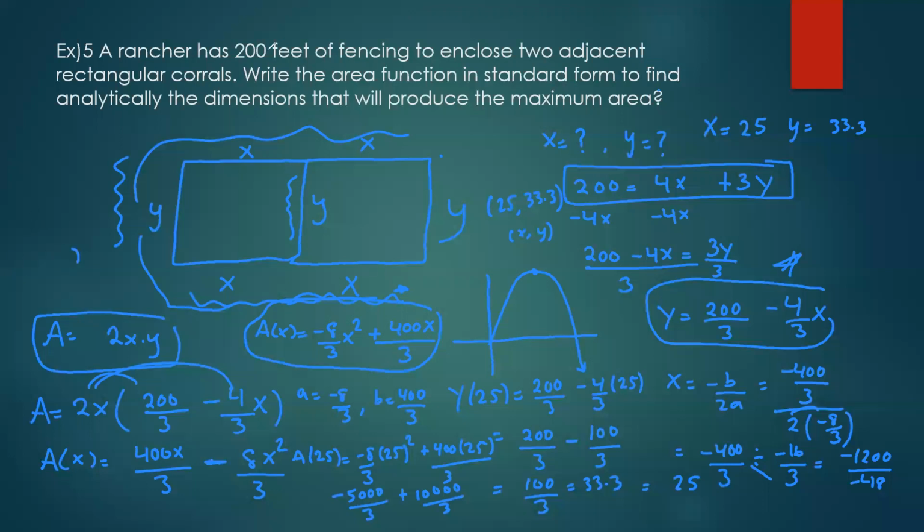Wait, so this is part of your answer. So the maximum length would be 25. The x value would be 25, and your y value would be 33. Okay, and then I guess you could just put your x here, and that'll give us your equation in standard form.